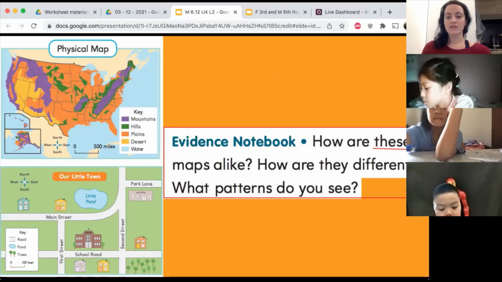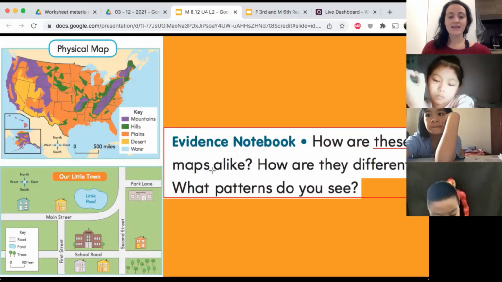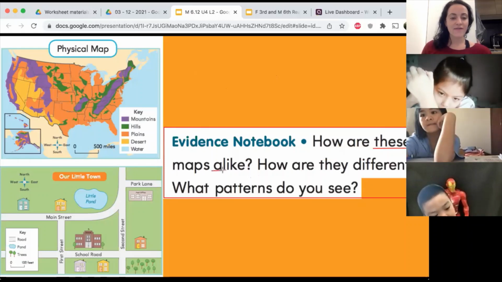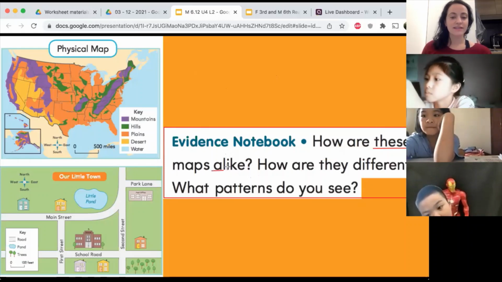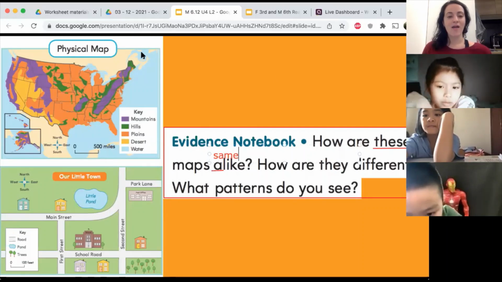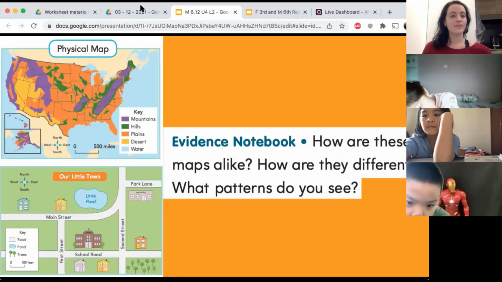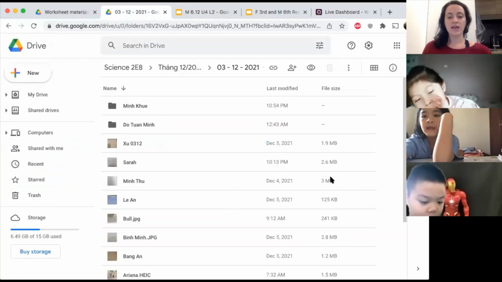One more time, can you say these? These. And here we have the letter A first. So it's not just like, it's alike. Can you say alike? Alike. Good. That means the same. So how are these maps the same? How are they different? Let's go over to your homework here.